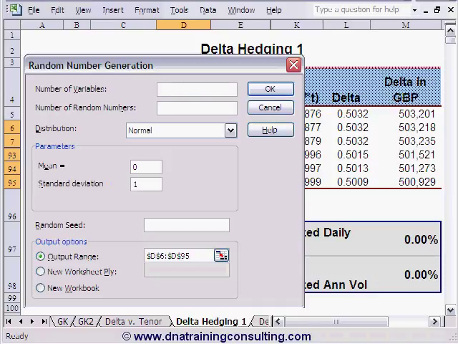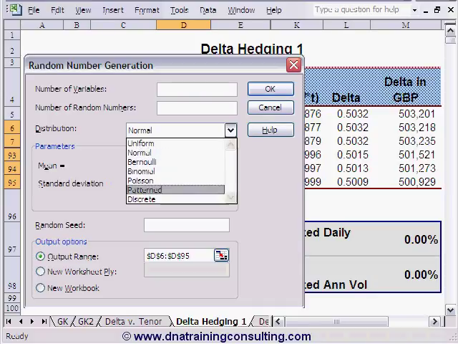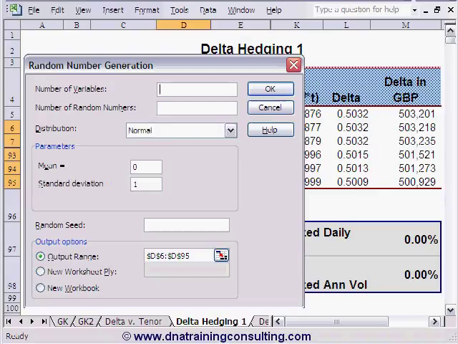Further, Excel now gives you a choice among the different types of distributions you're interested in, including, for example, a binomial, a Poisson, a Bernoulli distribution, and, gladly, the normal distribution, which we specify. Automatically, Excel knows that the mean of such a distribution is 0 and the standard deviation is 1.